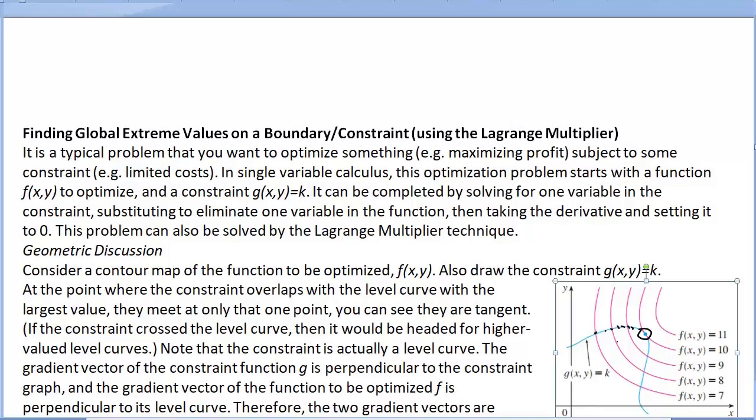Right there, the constraint curve for g and the level curve for f are just tangent to each other. Of course, we've been calling it the constraint curve, but g is just some constant, so it's just a level curve. So at the place where f reaches its highest value, the level curves of the two functions must be parallel.